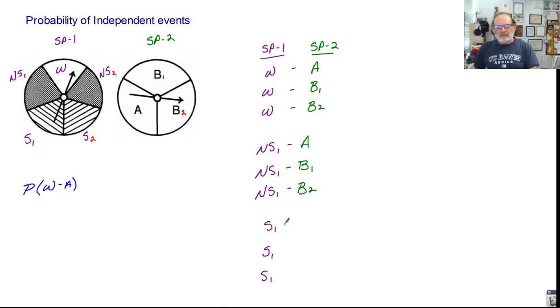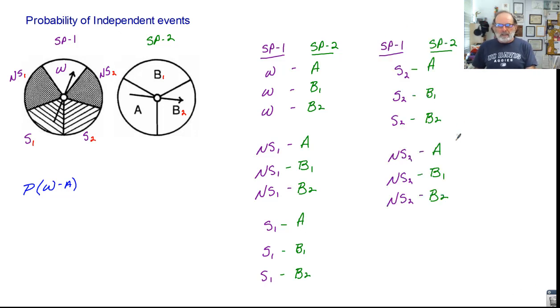I'm writing it 3 times because if it lands on striped section 1 here, the second spinner could have landed on A, or on B1, or on B2. So again, we're going through and mapping out all the possible things that could happen.